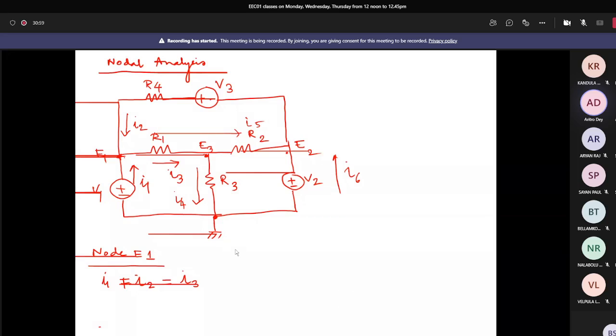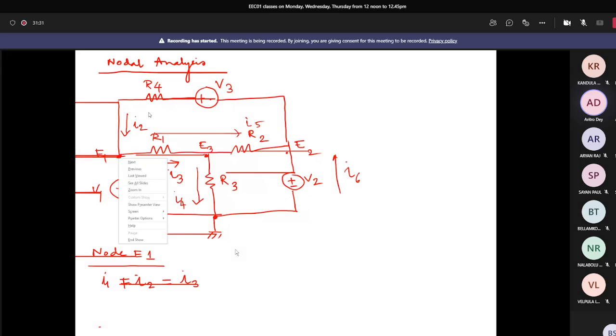I2 will be the voltage difference between V1 and E1, but there is no resistor, right? So E1 is basically V1. Can you follow it? Between E1 and V1 there is no resistor, that means there should not be any drop. If you short some point, then it is at the same potential, isn't it? So between E1 and V1 there is no resistance, so we can take it as V1. So where will be the difference?